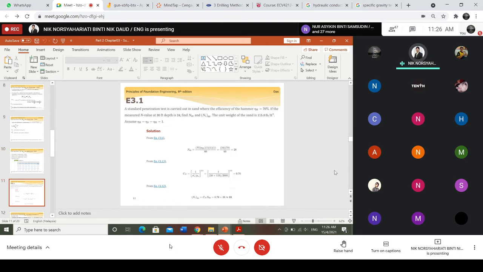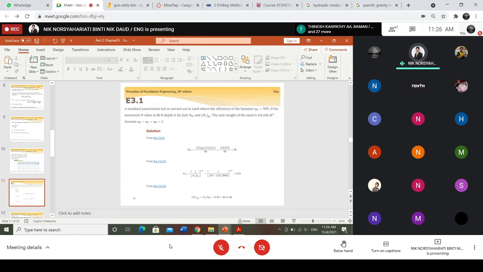So there are a few references also. For this part you can also have a look at example 3.1 for how to use those equations to find out the N60 correlation, and also the correction numbers before you use the N60 in your design purposes, right?